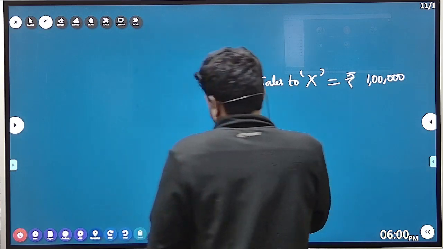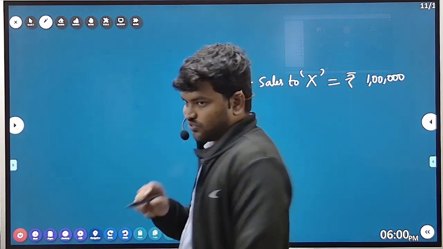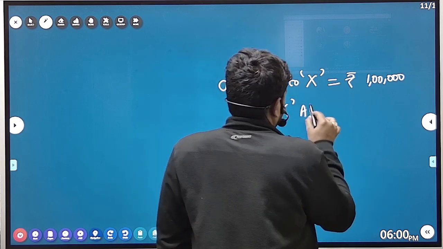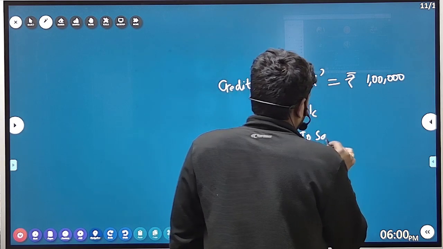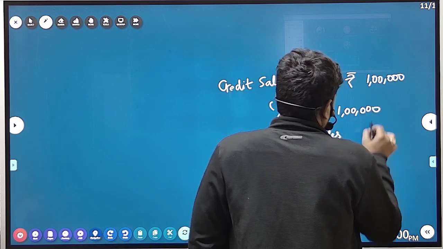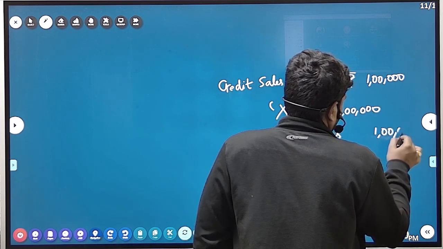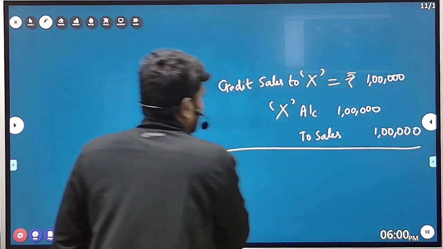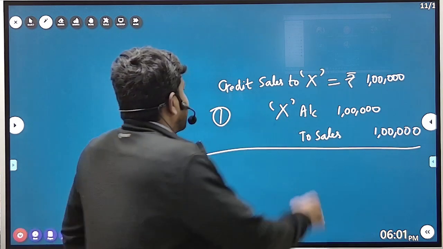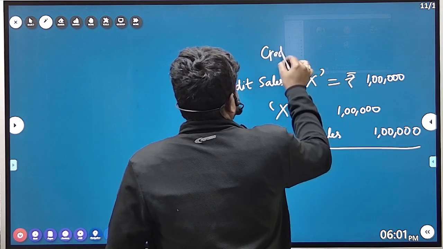What will the entry be? Very good. X account debit to sales account, 1 lakh. Okay, this is the first entry. Clear till now?